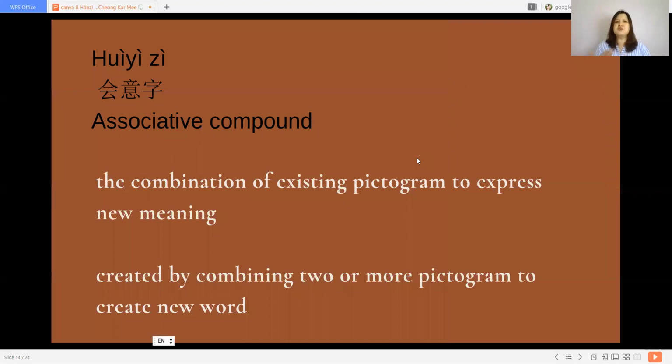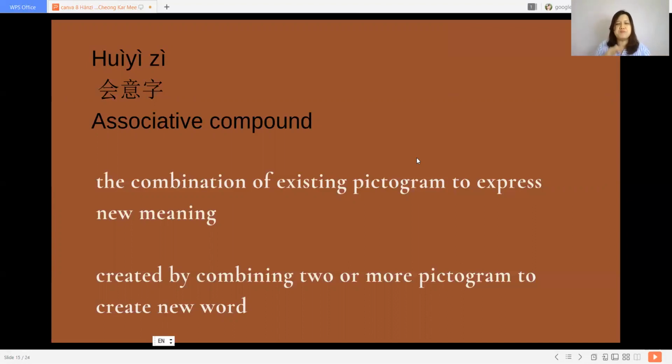Okay, now we go to the third method. The third method we call 会意制. Once again, 会意制, called associative compound. The method is like a combination of existing pictograms. You see, we cannot run away from pictograms.